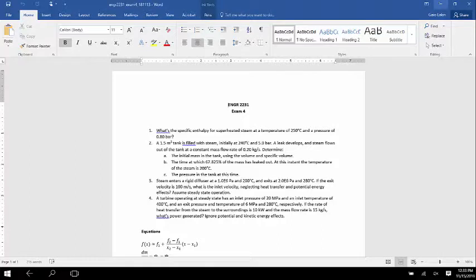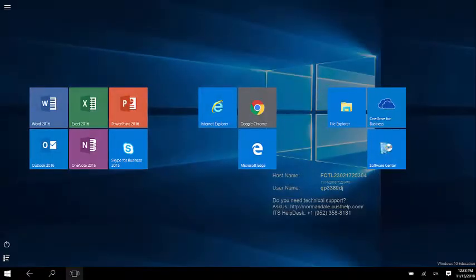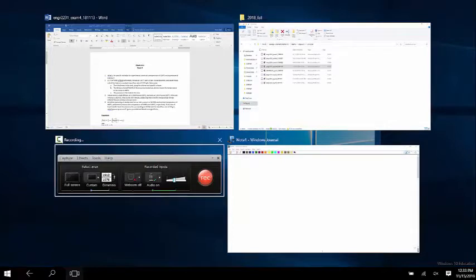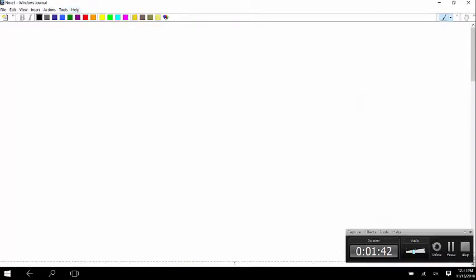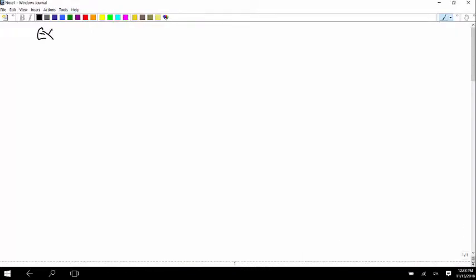And so then you can use the fact that the total volume is equal to the mass times the specific volume.